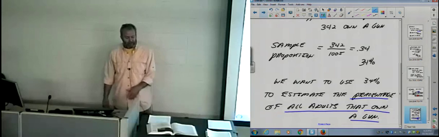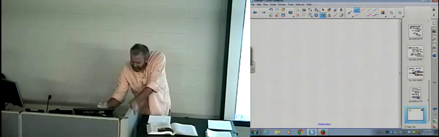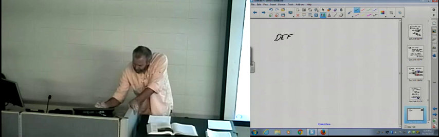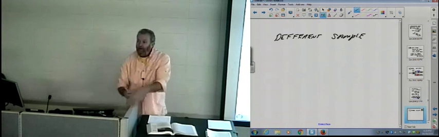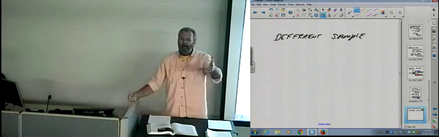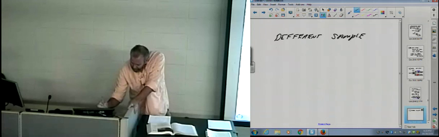Now, does everybody understand the following? If we took a different sample, in other words, did it again, took a different random sample of 1,005 adults, we get a different result.